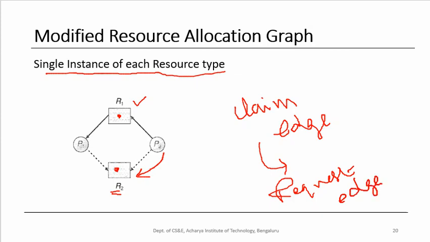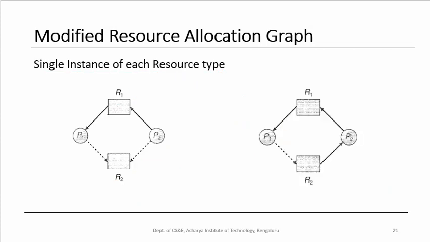The arrow gets reversed, and this dotted arrow becomes a solid line. Let us look at that. Now you see here the claim edge has been converted into the request edge.